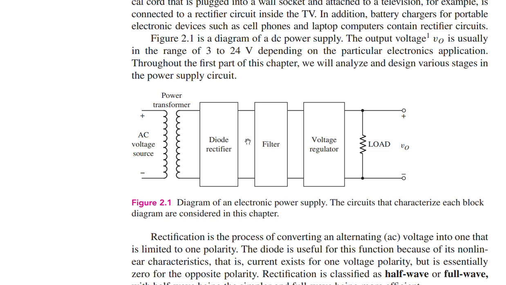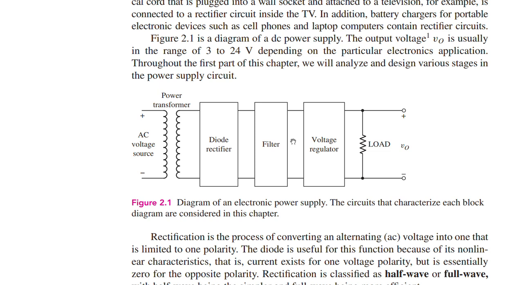So to reduce the ripple, we add a filter block. It reduces the ripple, so the output voltage at the filter stage has a decent amount of DC value, but it has low ripple. We cannot directly connect the load to the filter output, because if we do so, the ripple will become dependent on the load value.